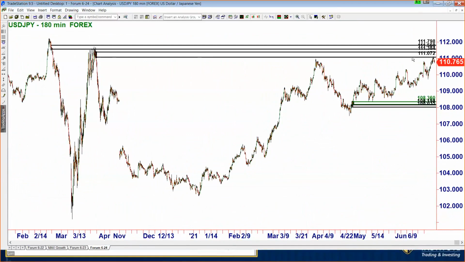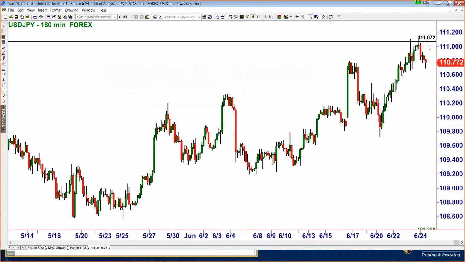So that suggests there's a good size supply demand imbalance up here, one big enough that on another move up into this area, price is likely to turn lower. So we'd want to see a new high into the area, like get above 111.10, before thinking of selling.